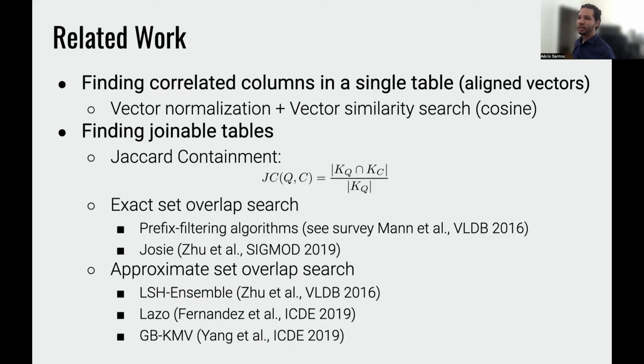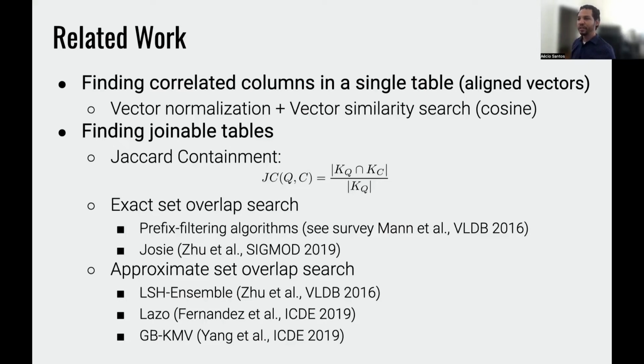There is also some recent work on finding joinable tables in data lakes and large data repositories. Most of these works use the idea of Jaccard containment, which is essentially measuring the overlap between the keys in the joined columns divided by the number of keys in the query table.